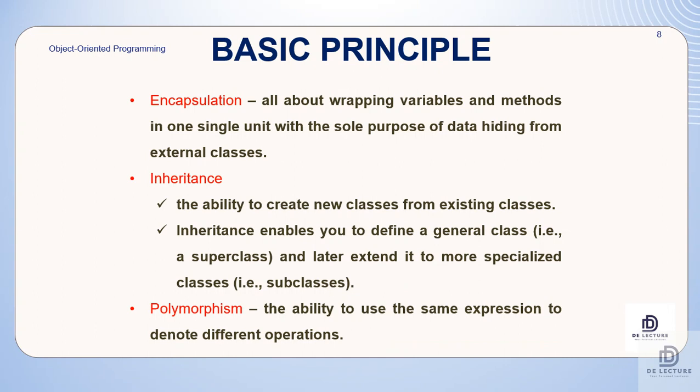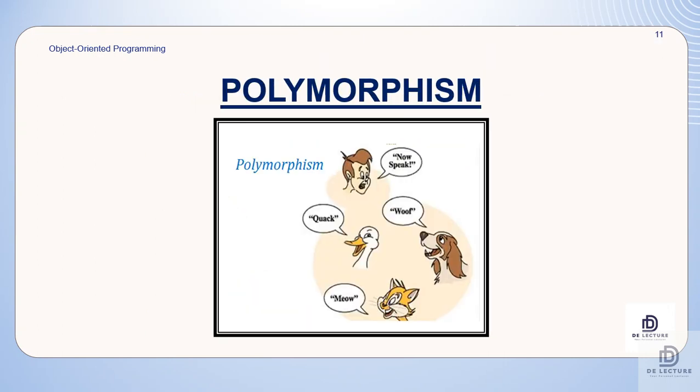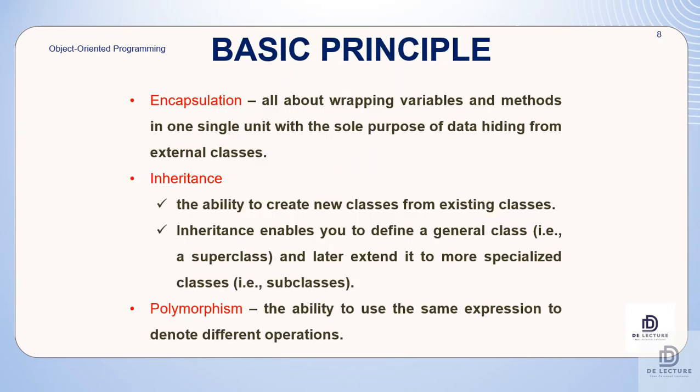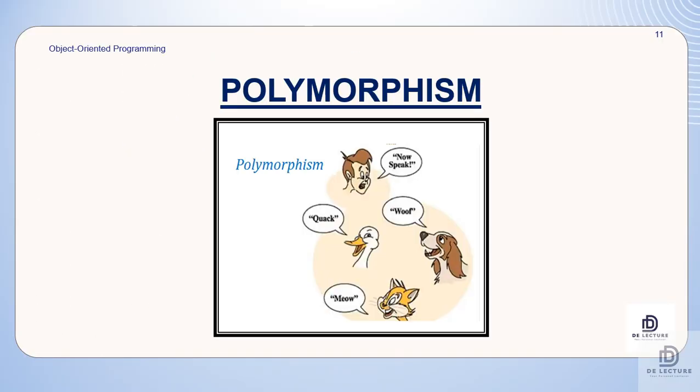That is what we mean by the ability to use the same expression to denote different operations. Speaking is the same expression, but speak is different in different animals. Humans have their own way of speaking, dogs have their own way of speaking, and cats have their own way of speaking.